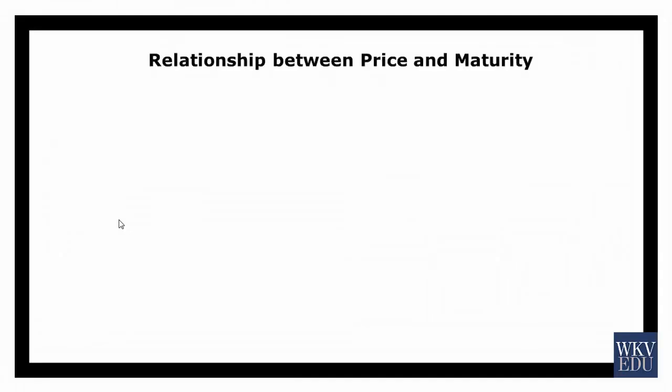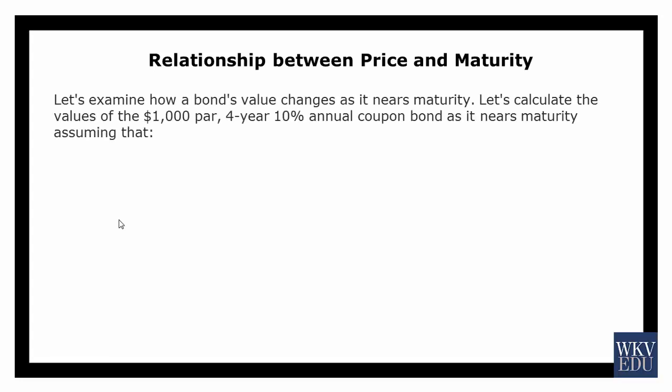We'll look at the relationship between the price of a bond, a fixed income security, and the maturity. Let's see how a bond's value changes as it comes near maturity. We'll calculate the value of a $1,000 par, 4-year, 10% annual coupon bond, assuming that it was issued at a premium when the market yields were 9%, because the market was giving you 9% and you were getting 10%.